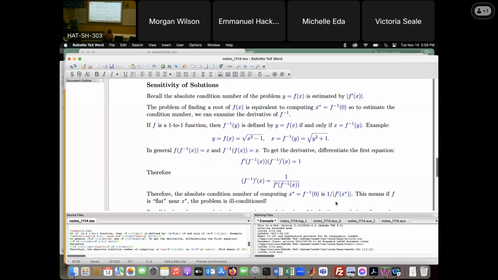So how do we interpret this? That means if the graph of f is roughly flat near x star, which means the derivative is very small, then the problem is ill-conditioned. Whereas if the graph of f is very steep at the root, then the problem is well-conditioned.